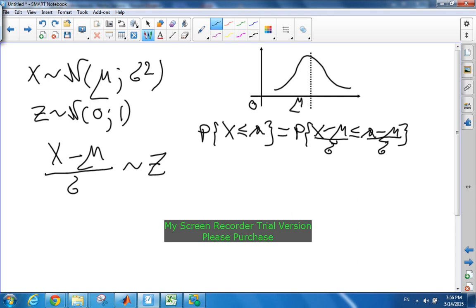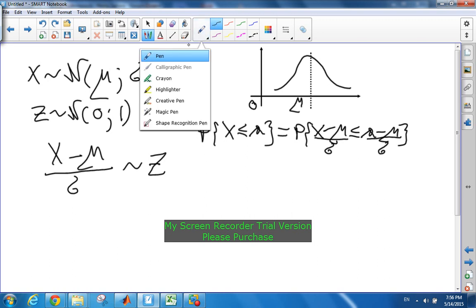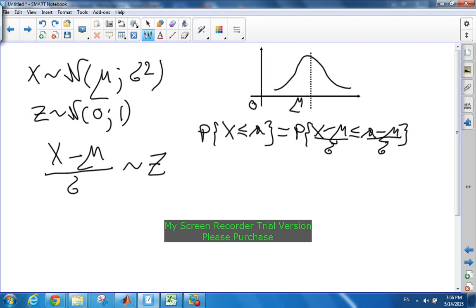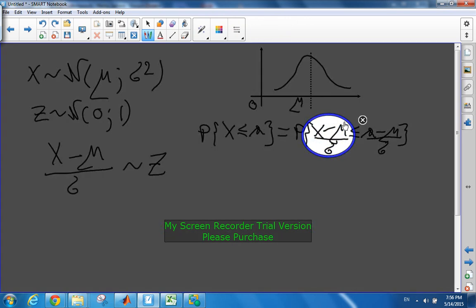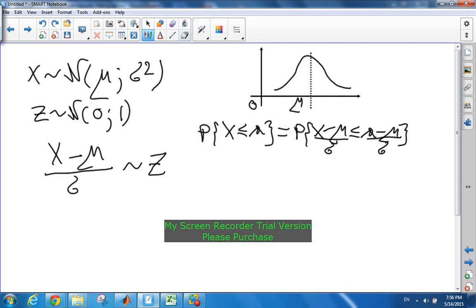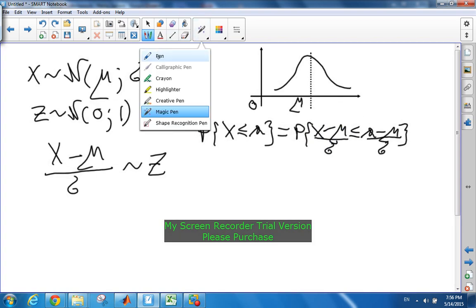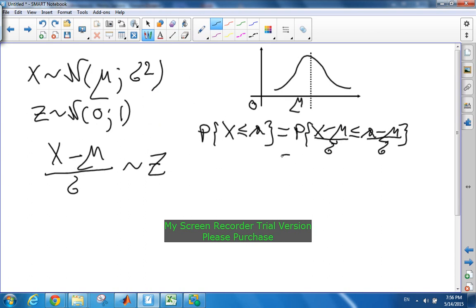So this quantity here is my z random variable, the standard normal distribution. And so this is the probability that z is less than or equal to this number, whatever this number is.